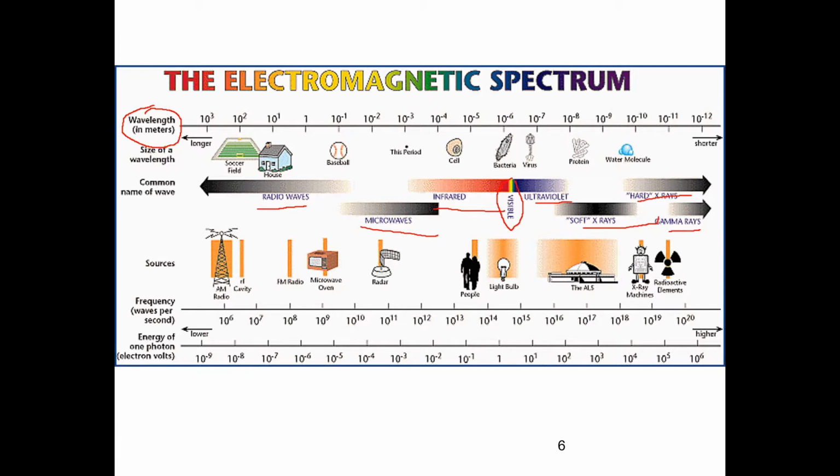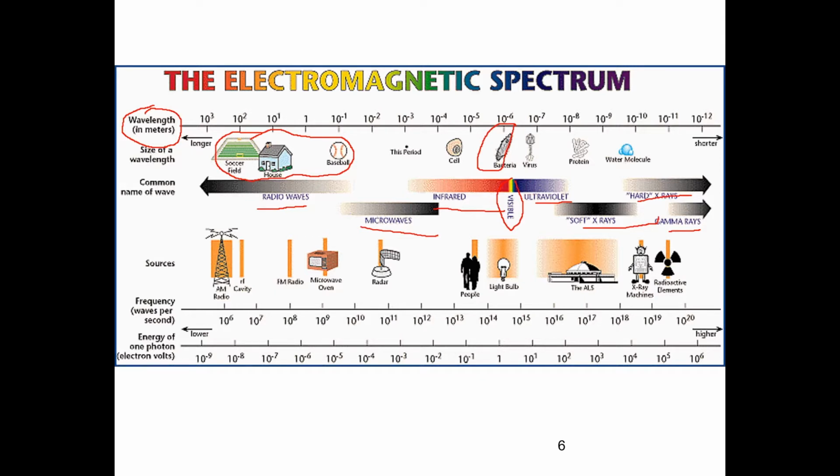You see at the top, and it is illustrated by things that are similar sizes to it. For example, the radio waves are the size of soccer fields and houses down to the size of a baseball, and then at that point they become smaller. We transition to microwaves, and the wavelength of visible light is about the size of a bacteria.